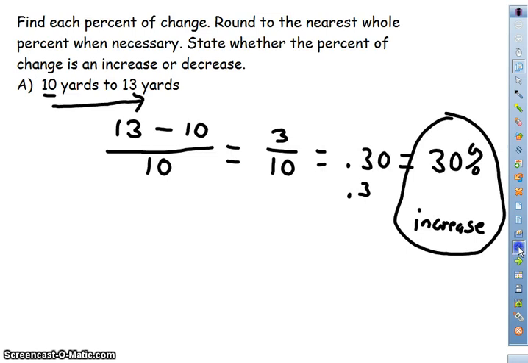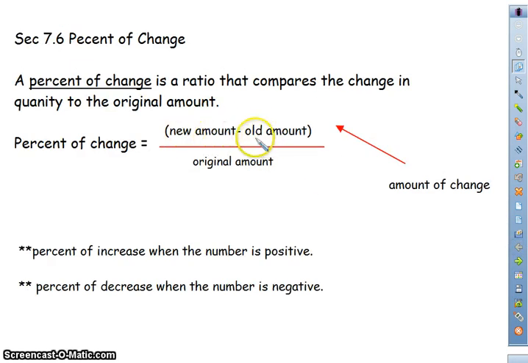Now I'm going to have you solve this problem. It's simply the same question that they did earlier, basically saying find the percent of change, and then tell me if it's an increase or decrease. So go ahead and hit pause and solve the problem. Alright, so when we go back to this, you're again going to take the new amount minus the old.